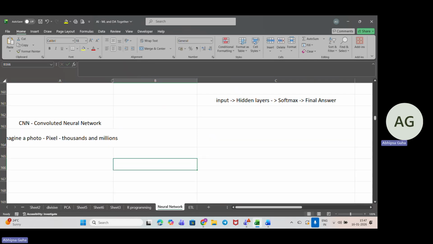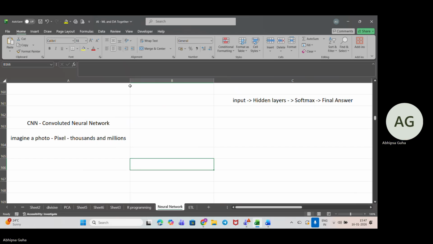So the photograph that we are discussing is made up of pixels. When we go ahead with a normal neural network, it treats each pixel of that specific photograph as separate, and it gets confused because there are too many numbers, so it is most likely to get confused.